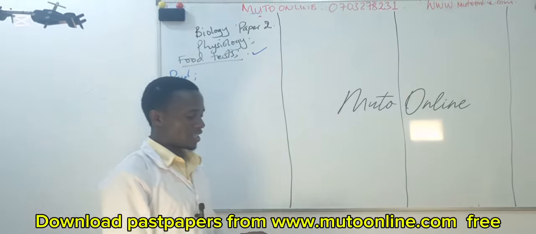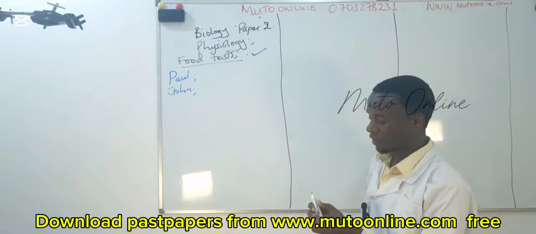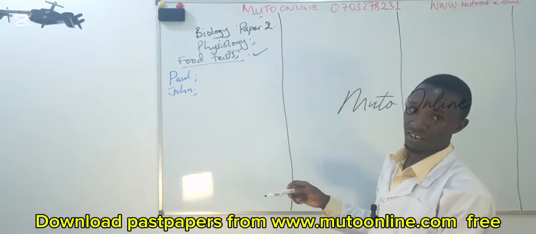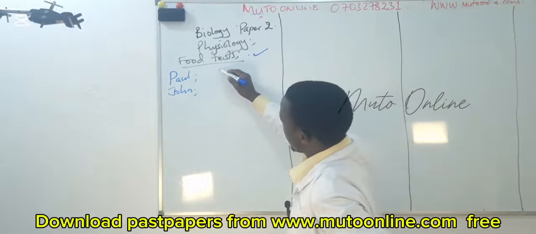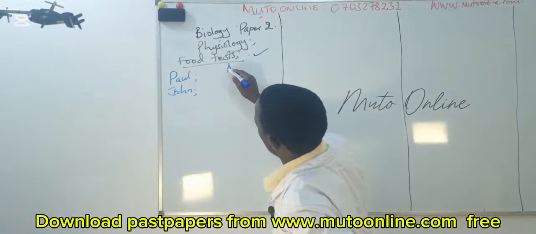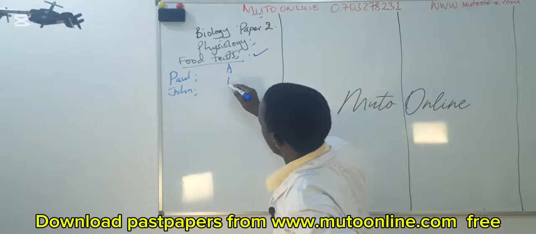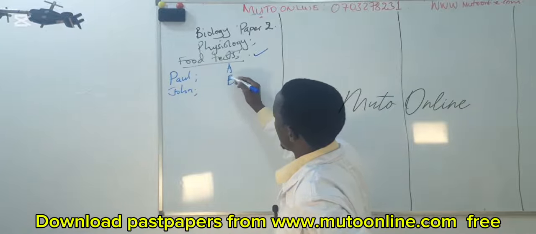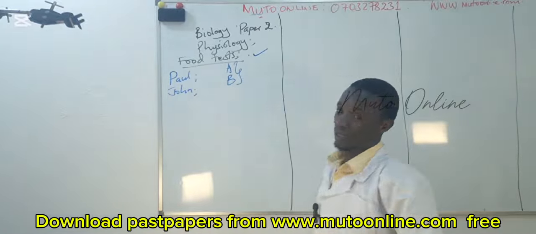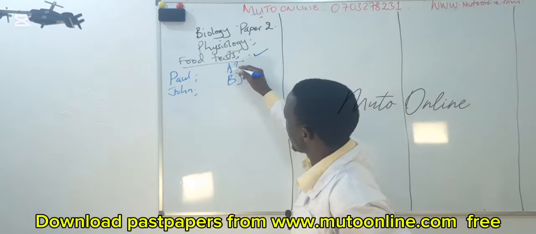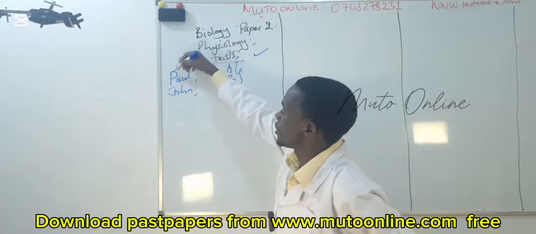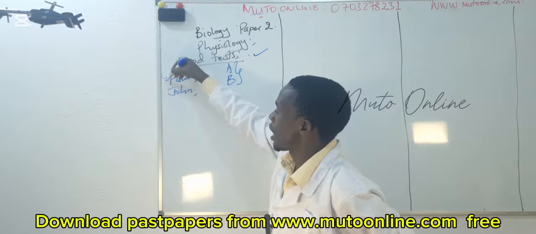The setter of the item wants us to help James make the best choice because he was given two food solutions, A and B. The doctor forgot to label them. And there are reasons why James is not going back to the doctor.